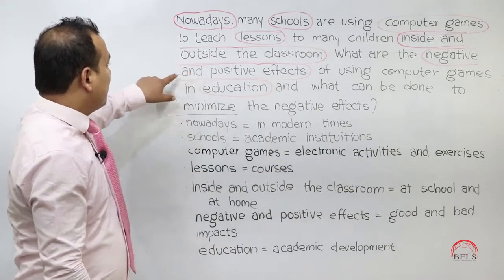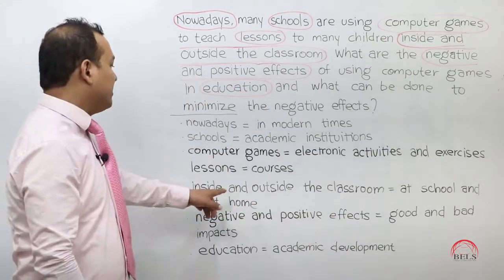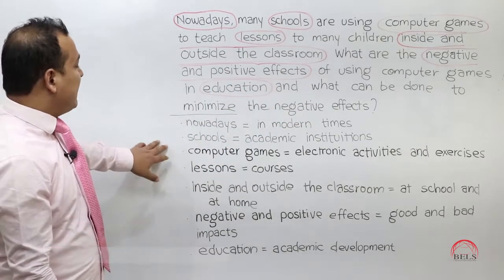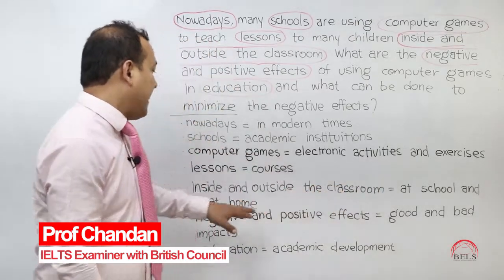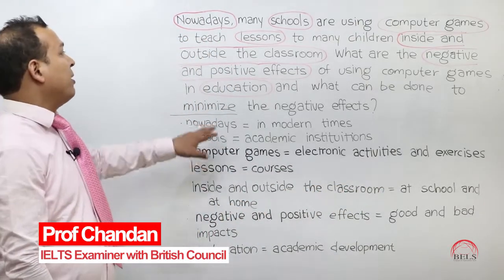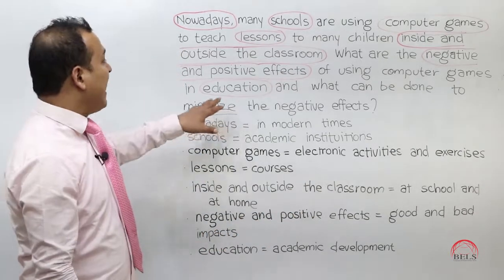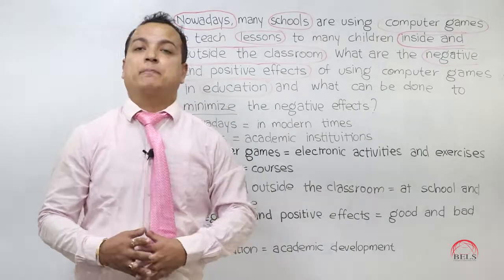Then we have lessons. Lessons, I'm converting to courses. Inside and outside the classroom, we are converting to at school, at home. Negative and positive effects will be converted to good and bad impacts. And finally, the word education. We have circled the word here that we are converting to academic development.